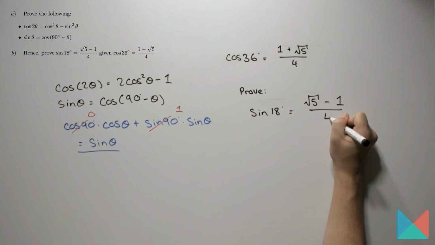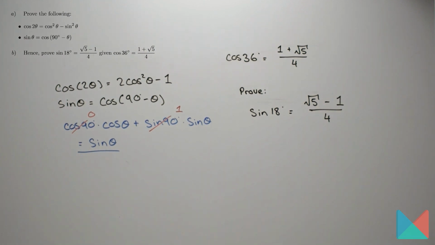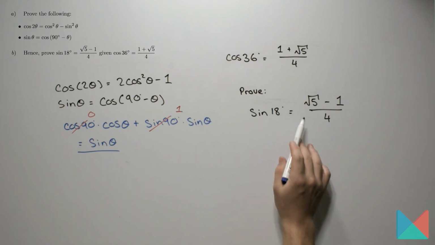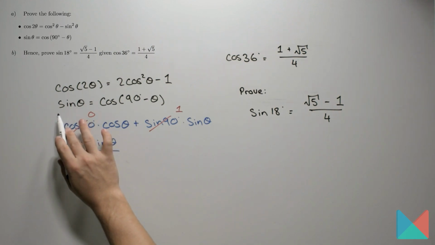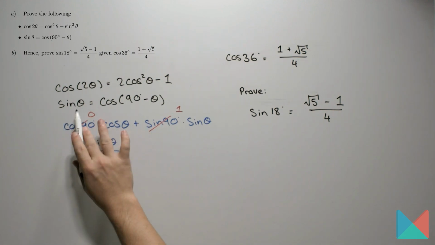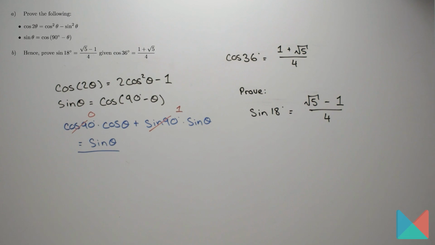The best place to start is to first find an equation for sine of 18 degrees, because without an equation we will not be able to simplify to eventually find our exact value for sine of 18 degrees. And the way we can do this is by looking at our identity here, that sine of theta equals cos of 90 take theta.